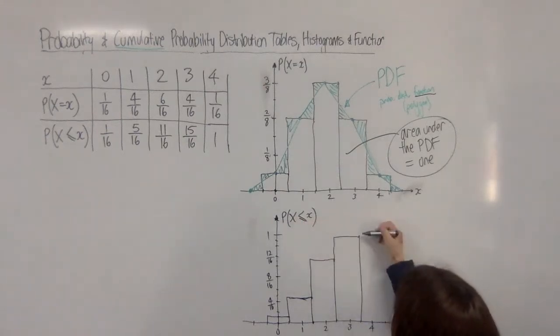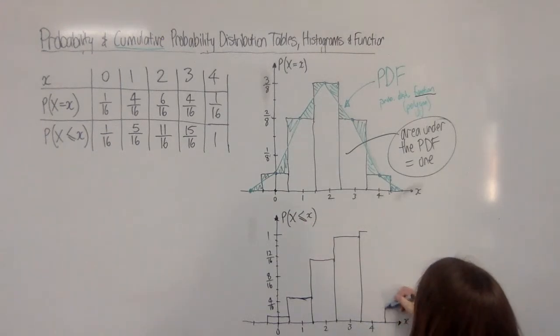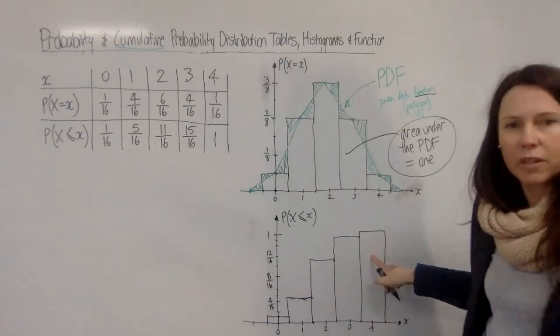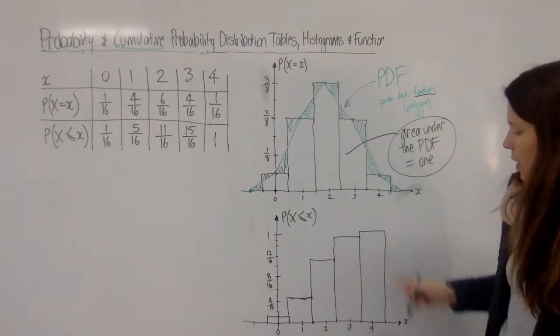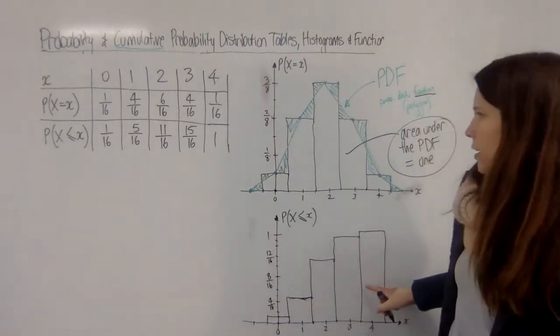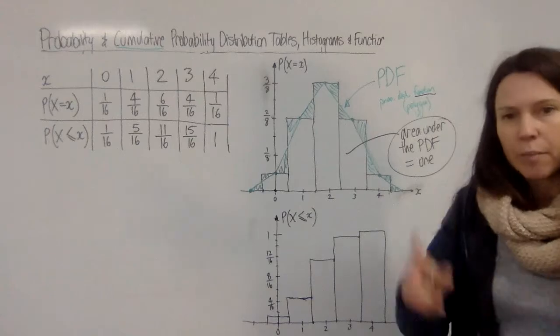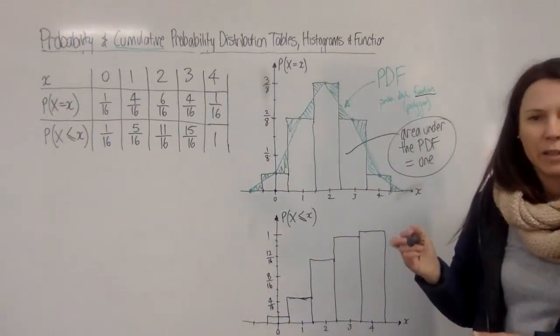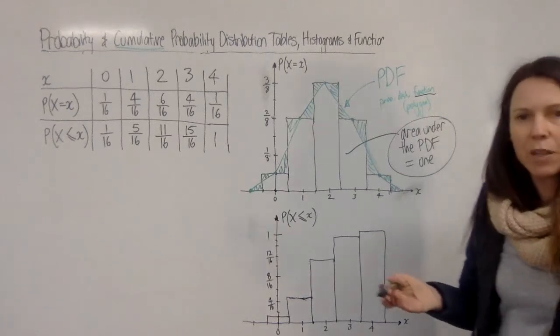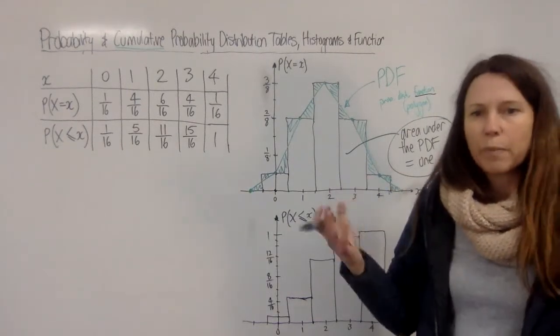And then 16 16ths is now a certainty, because remember, it's a certainty that when I toss 4 coins, I'm going to get 4 heads or less. So quite easy to build the histogram, no harder than this one, but here's the thing to remember: when we join the columns together here with a polygon, we've got to join the most important parts.